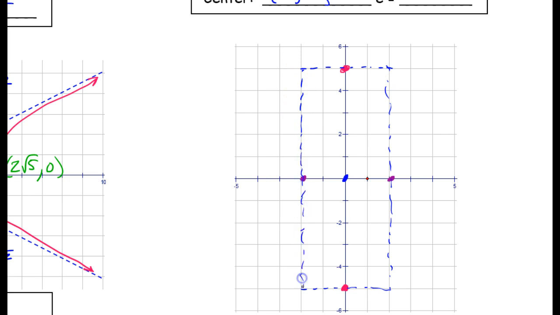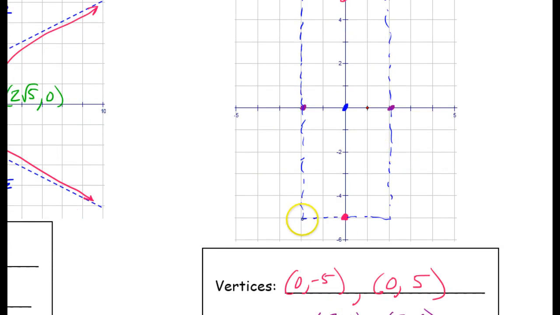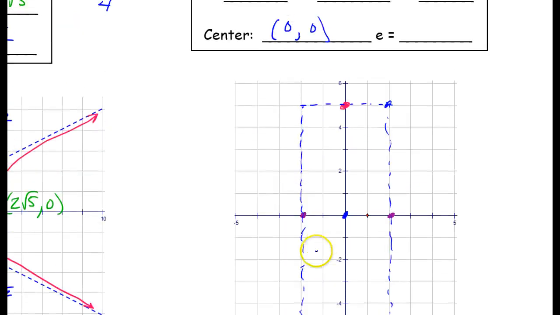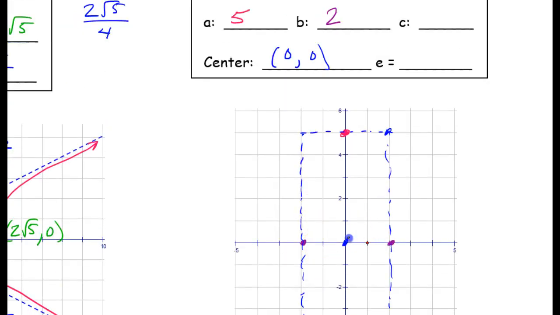We need this rectangle because the diagonals of the rectangle will show us where the asymptotes are. So the asymptotes, okay, so this is up 5/2. The asymptotes will pass straight through the diagonals of this rectangle.